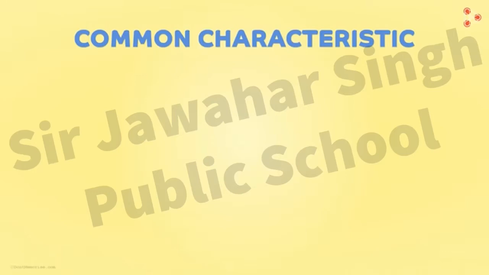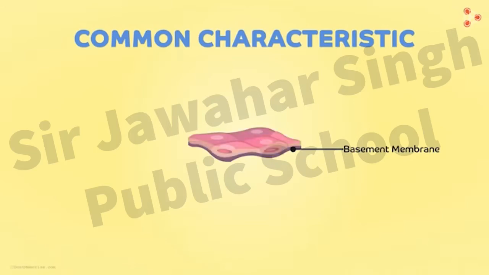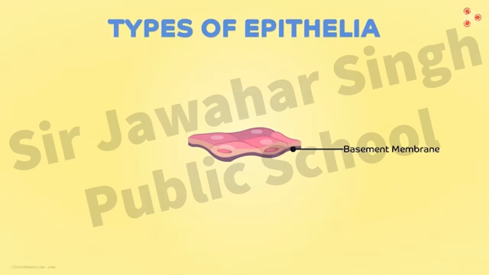Be it any type of epithelia, all of them will always have the cells resting on a thin, fibrous, supportive membrane-like structure. This is called the basement membrane. The basement membrane, apart from supporting, helps to hold the cells together in a single straight line to form a uniform and consistent layer.